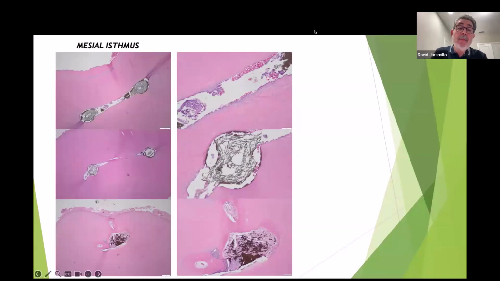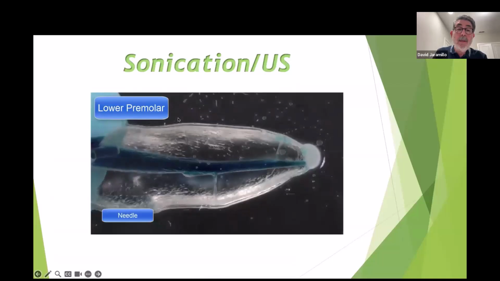So there is pulp tissue in the isthmus, definitely, but mostly bleeding. And probably this is what happened in this case. Some blood cells here, some pulp tissue here in the isthmus. So basically, this is what we found in this case.